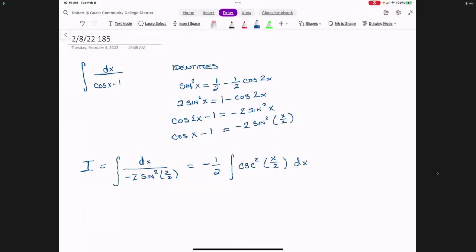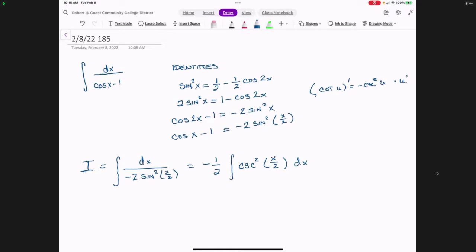Okay, now the derivative of tan is secant squared, right? So the derivative of cotan of u is negative cosecant squared u, and then the u prime.